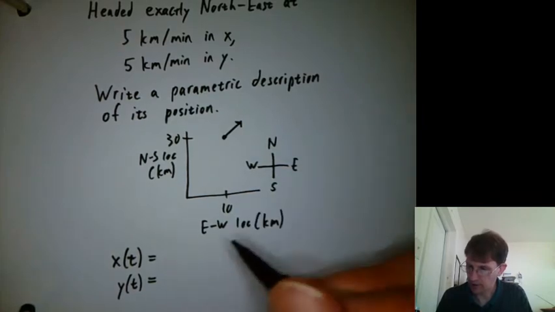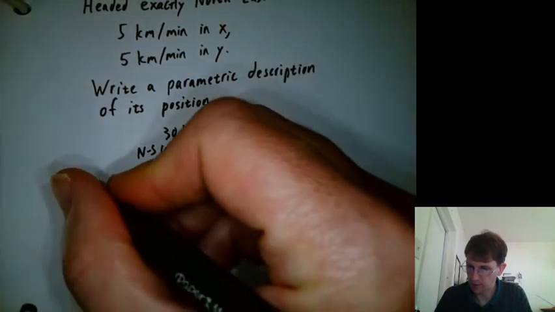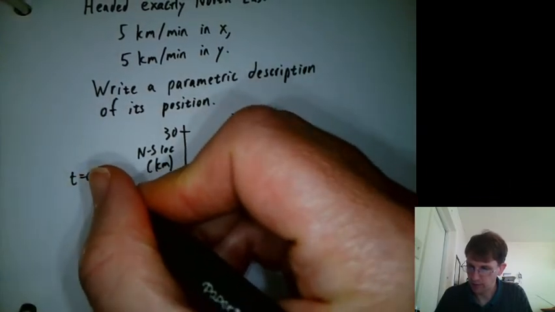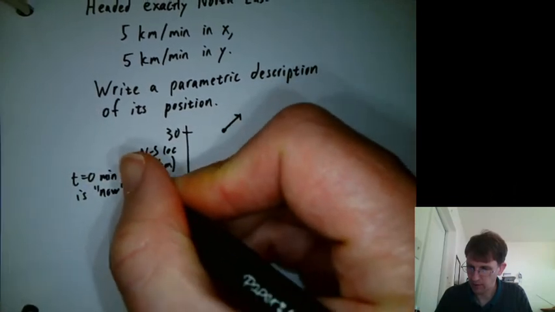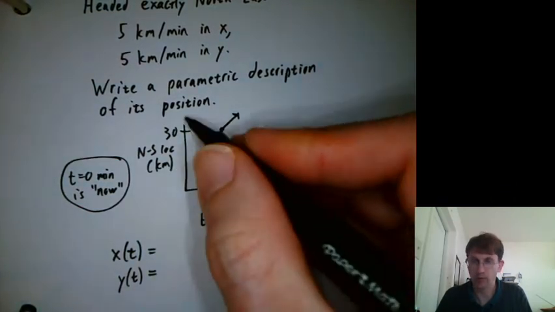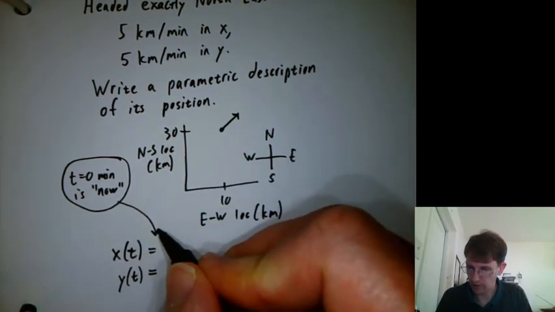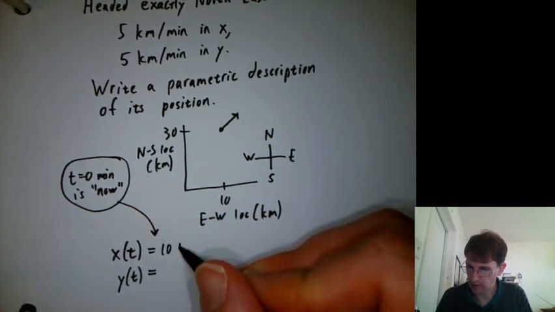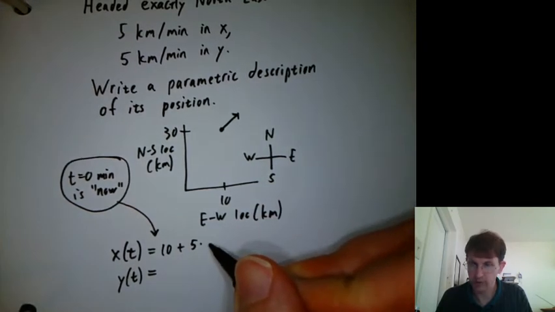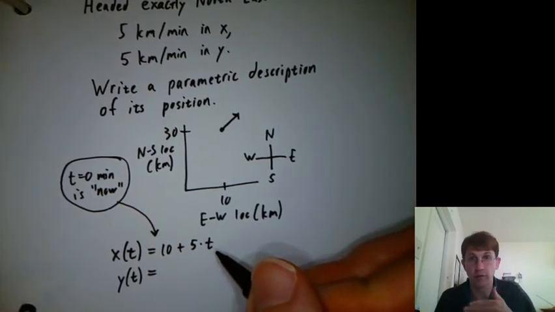So we could say, we didn't say this here, but we could decide that t equals 0 minutes is now. That's not on the y-axis here, that's just a side note. So t equals 0 is now. So I could say my x value starts at 10 and increases at 5 kilometers per minute for every minute that we go forward from now.